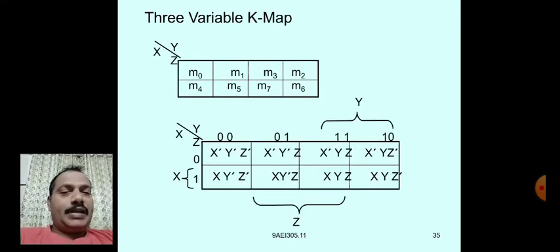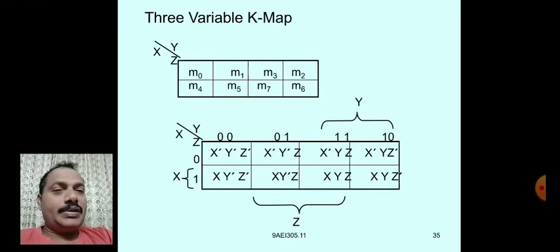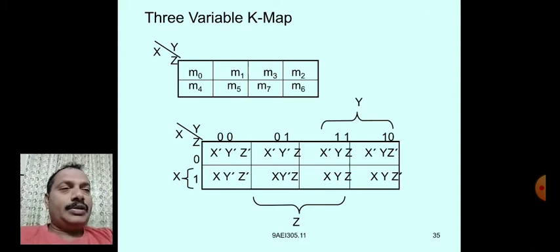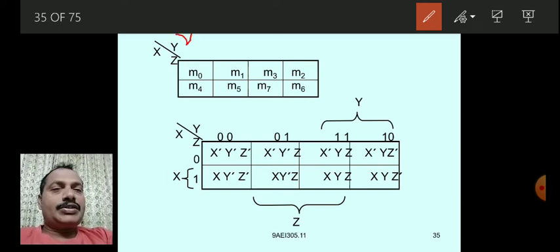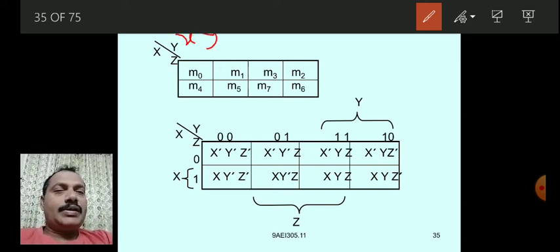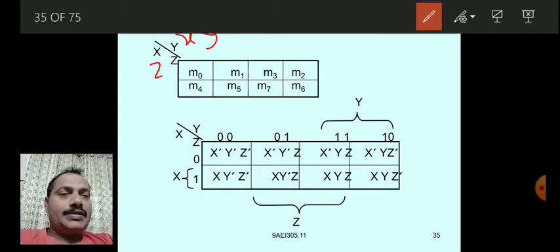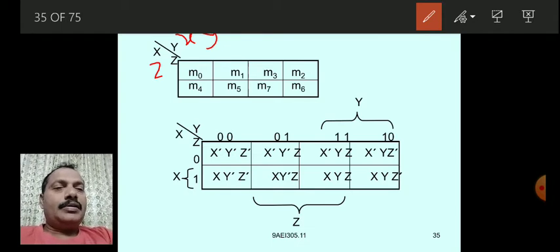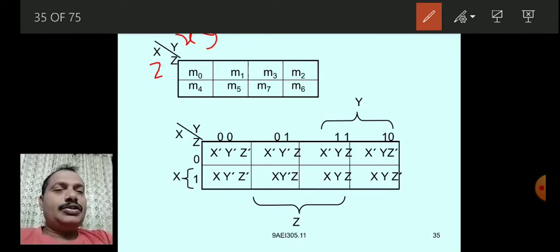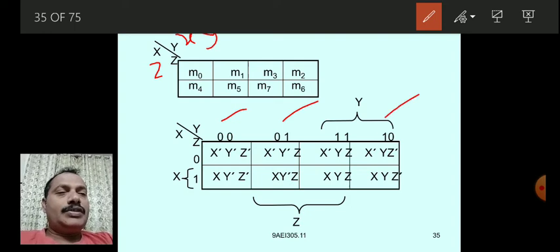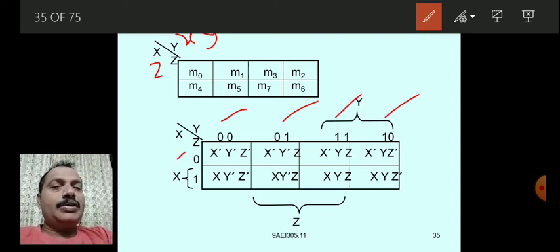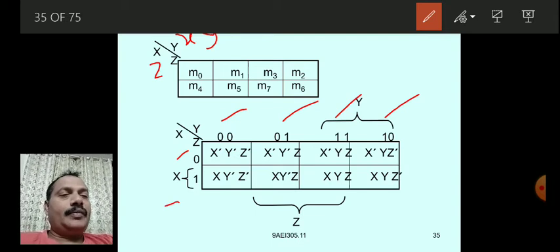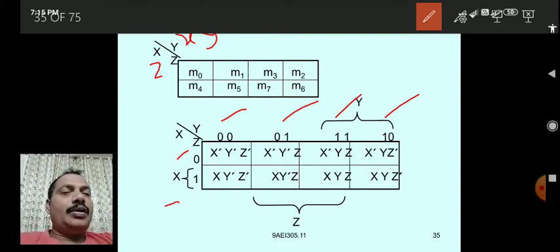So this is the 3 variable K-map we have already discussed. M0, M1, M2, M3 on this side, X, Y, with 0 0, 0 1, 1 1, 1 0, and Z is only a single variable, 0, 1. That's all.